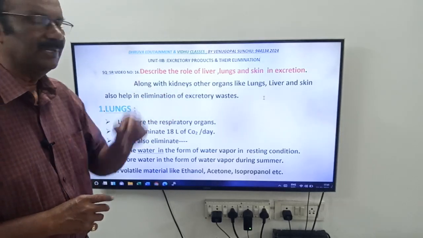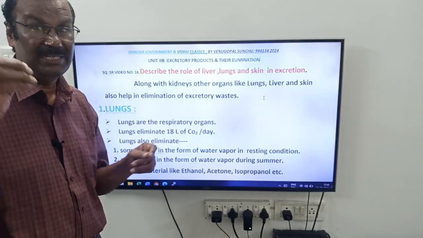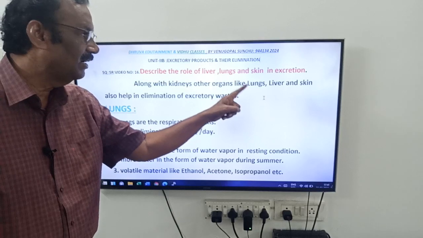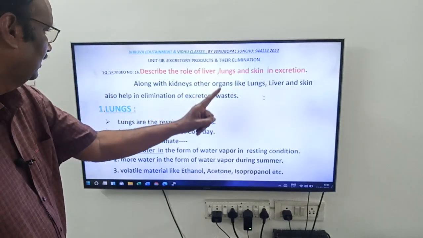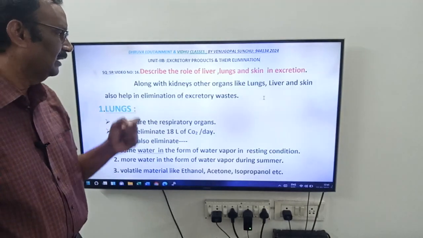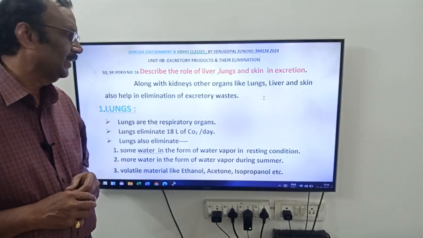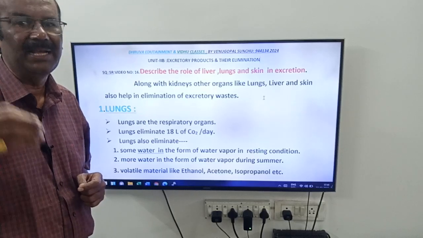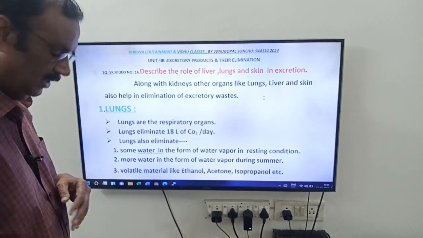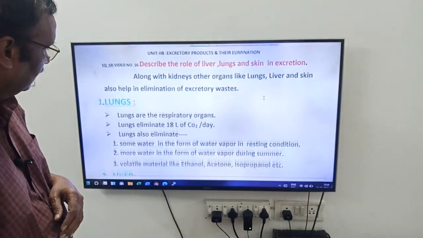Along with kidneys, other organs like liver, lungs and skin also help in elimination of excretory waste, or simply, in excretion. Now first you take lungs.